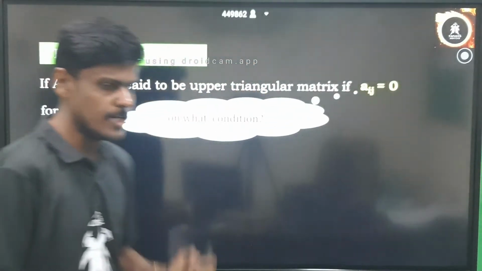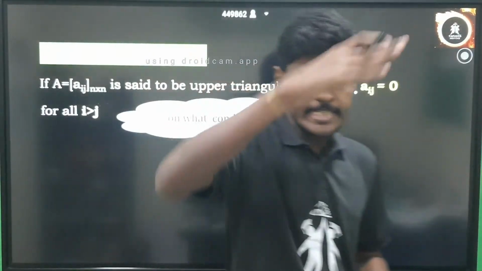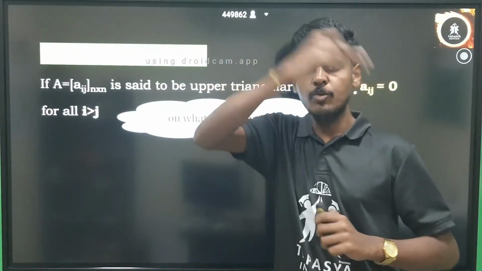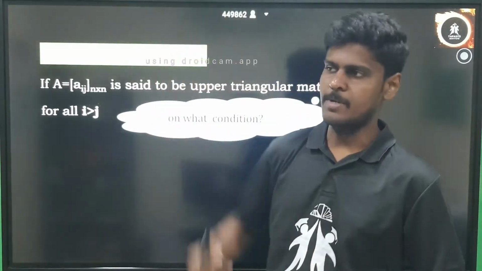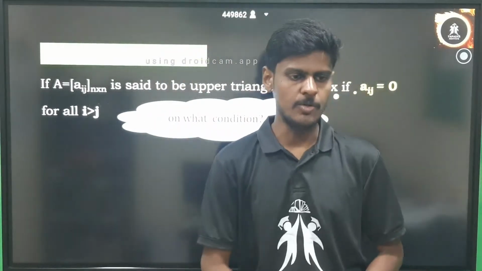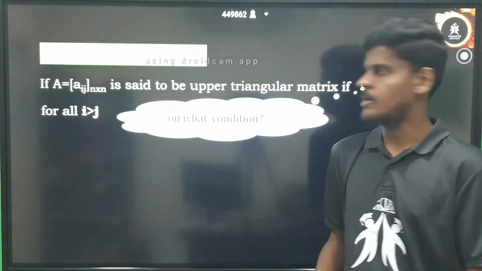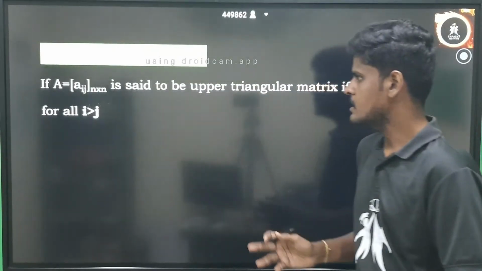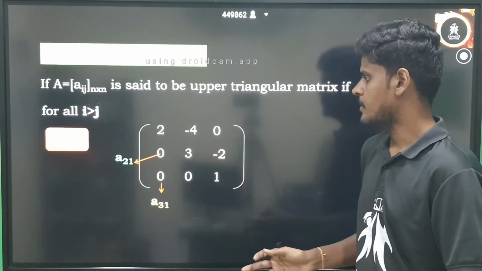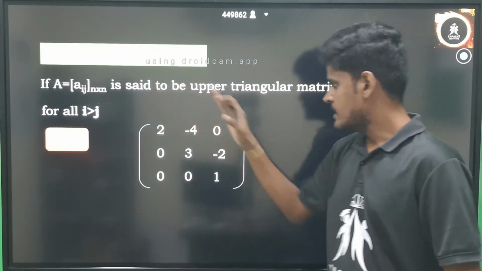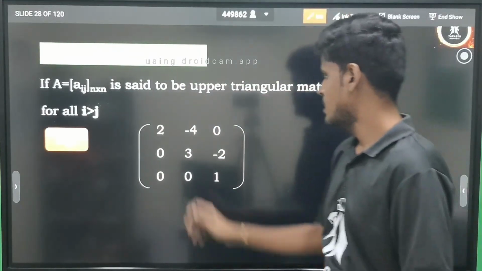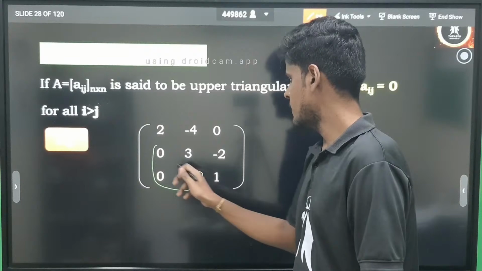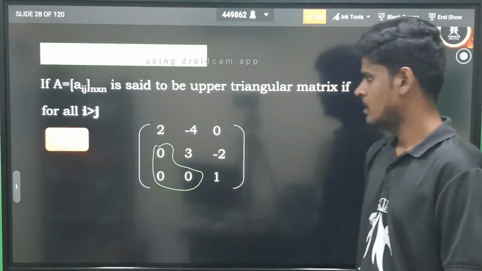What is the condition for a triangular matrix? Except the diagonal elements, if the part below the diagonal becomes 0 or the part above the diagonal becomes 0, such a matrix is called a triangular matrix. Let's see an example. In this example, observe, all these elements become 0. What is this?